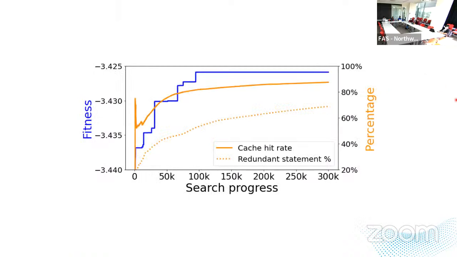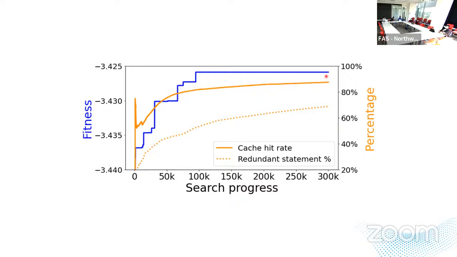If we talk a bit about these redundant statements, as we progress in the search space, this blue line indicates the fitness. This cache hit rate means that at the end of all the steps, we have mostly encountered 89% which are already existing in the cache.